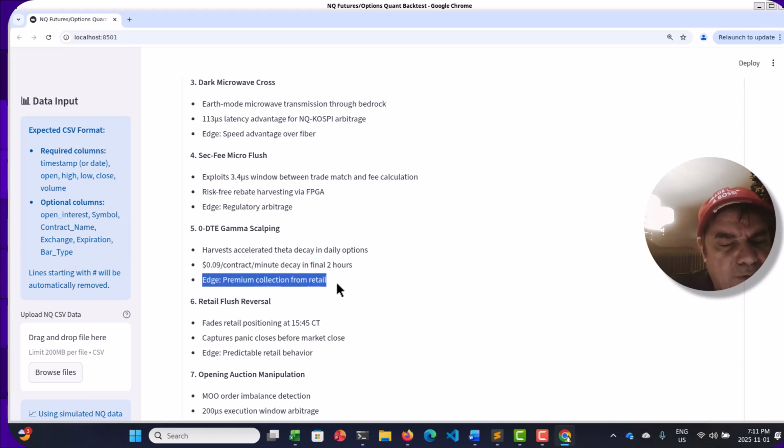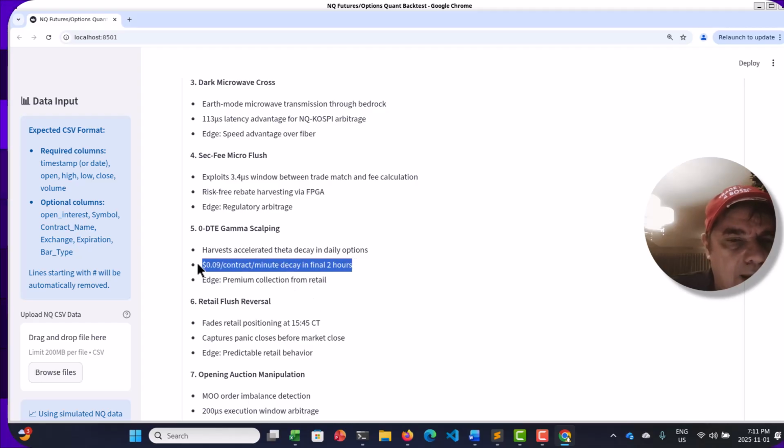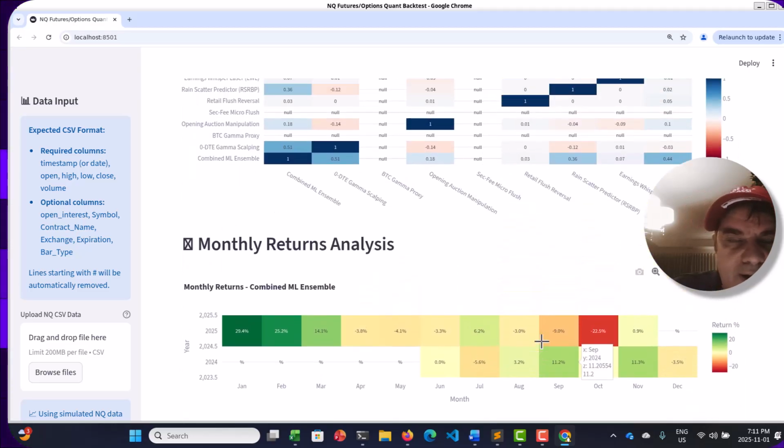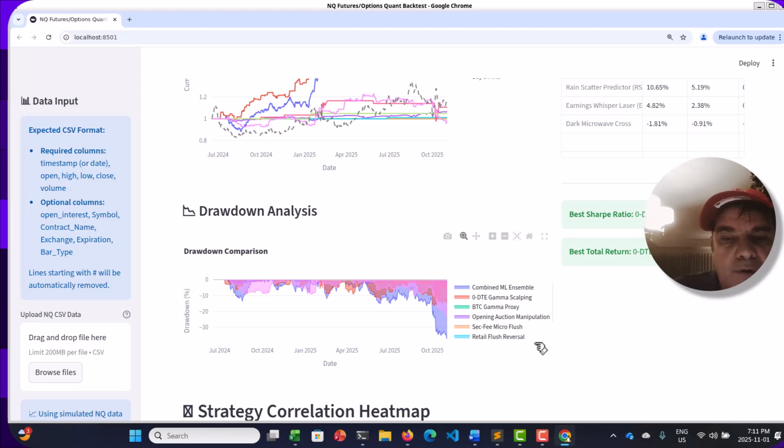Premium collection from retail. So it sounds like you're going to sell options. Okay, you're going to write an option and get an income from it, and you're going to profit mostly from the time decay in the last 2 hours. Now, to me, that's very high risk. But if I was to focus on that, maybe I could take a look at it, or not.